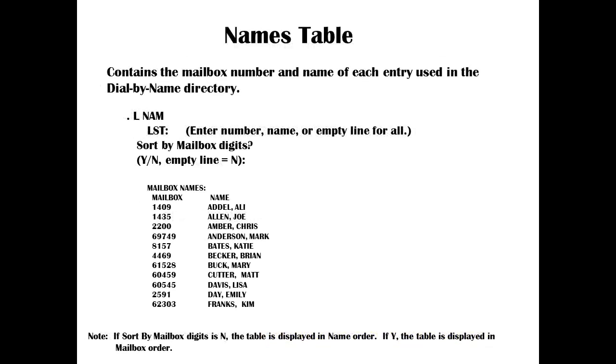The names table. This table contains the mailbox number and the name of each entry used in the dial by name directory. At the update prompt, we enter the L space NAM command. We are then prompted to enter a number, name, or empty line for all, as well as a sort by digit option.